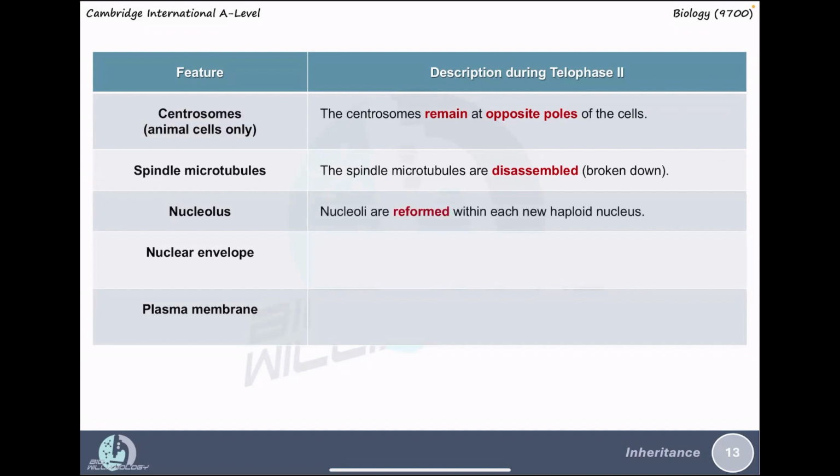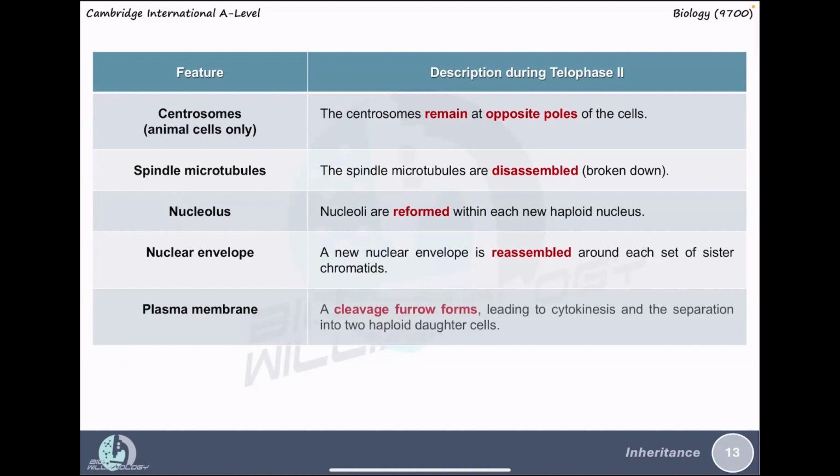Nucleoli are reformed within each new haploid nucleus because the sister chromatids start to uncoil to form chromatin. The nuclear envelope is reassembled around each set of sister chromatids at two ends of the cells, and a cleavage furrow forms, leading to cytokinesis and the separation into two haploid daughter cells.